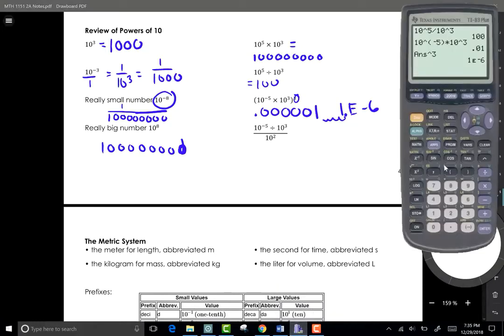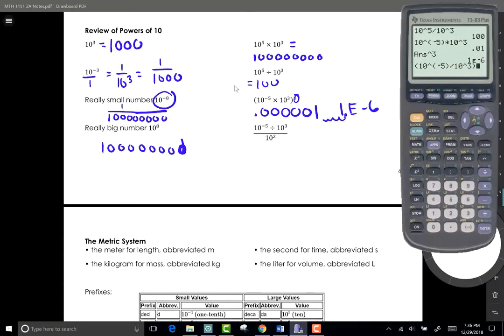Okay, last example. Remember, when you're dealing with fractions, you want to make sure you put parentheses around the numerator and parentheses around the denominator. So I'm going to put parentheses, and then I'm going to do 10 to the power of negative 5 divided by 10 to the 3rd. Close my parentheses for the whole numerator.